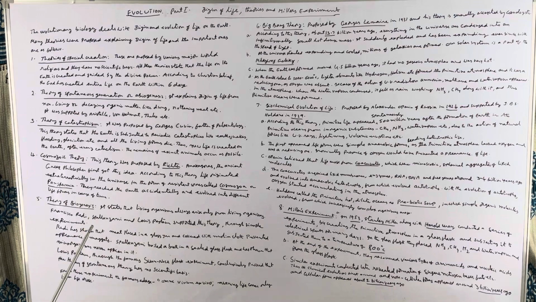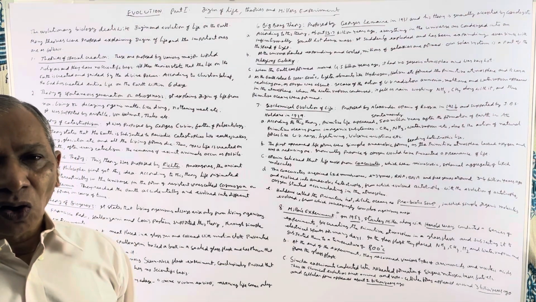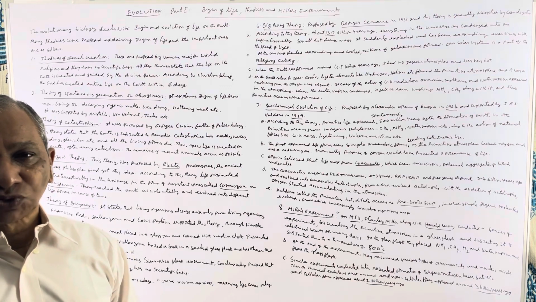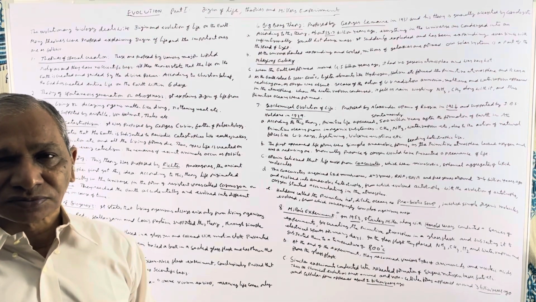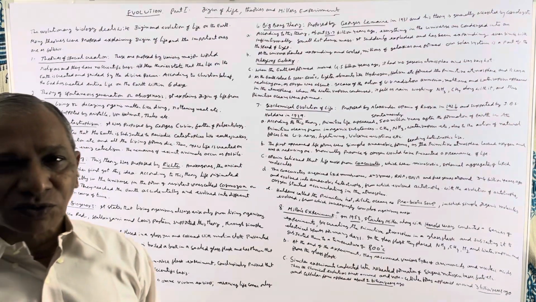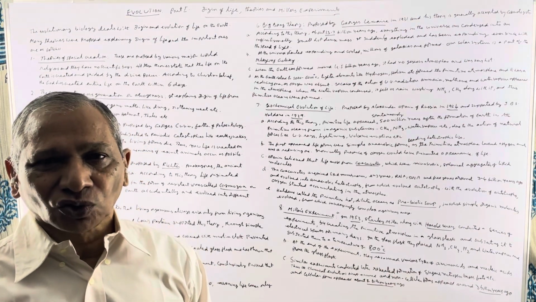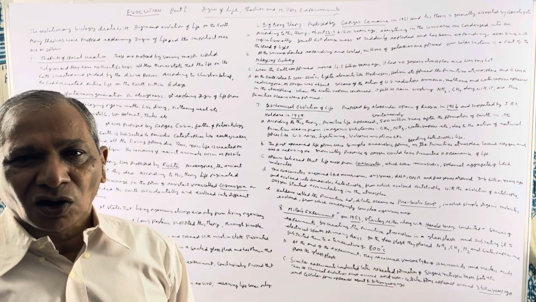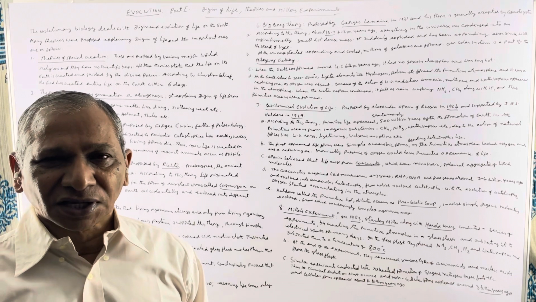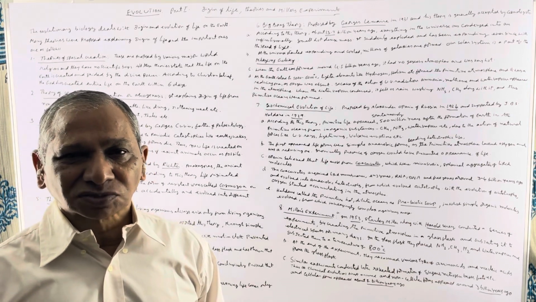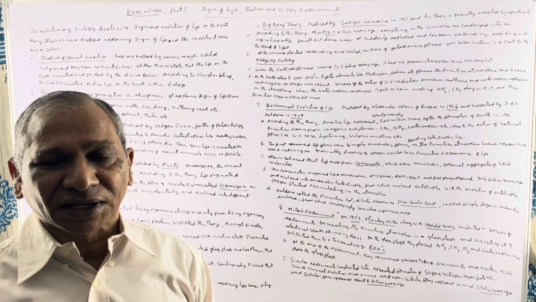The first one, theories of special creation. All the famous world religions believe in God. They believe that God is the creator. So, God has created all the living forms on the earth, and these living forms remain the same forever.